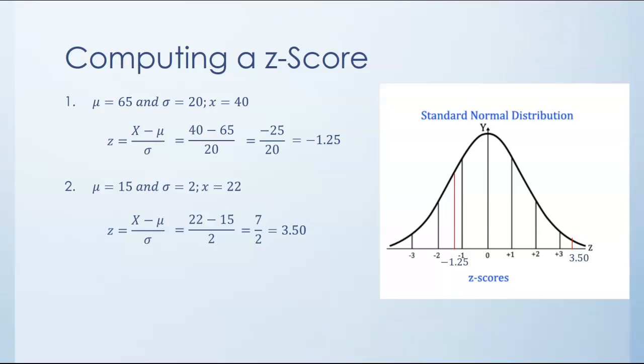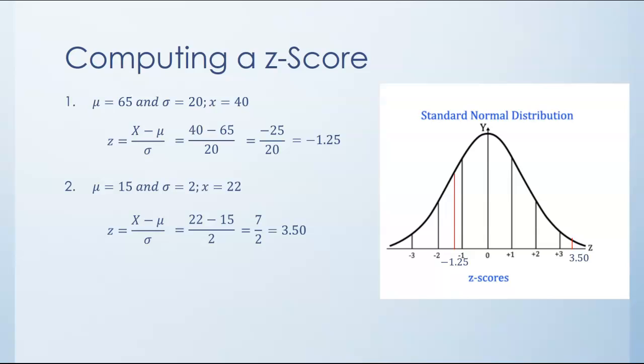It's only seven points away, but with such a small standard deviation of only 2, that 7 points was actually quite significant, giving us that 3.5. Okay, so that's one of the benefits of computing a z-score versus just looking at the standard deviation and a point, because you can actually see how far away this point is from my mean, or from my 0 value.